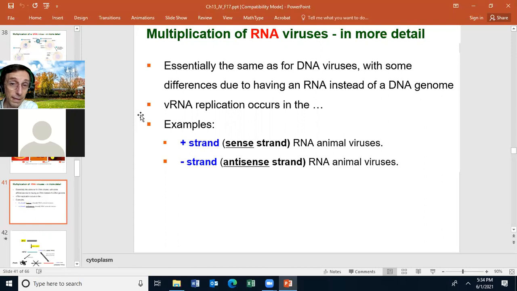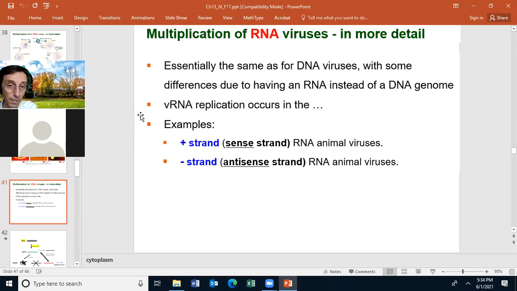Anyways, the multiplication of RNA viruses is similar to the replication of the DNA animal viruses, but obviously they have an RNA genome, and the RNA replicates generally, as a rule of thumb, in the cytoplasm, the exception being the retroviruses. We're going to look at 2 examples, the positive single-strand RNA animal virus and the negative single-strand RNA animal virus.